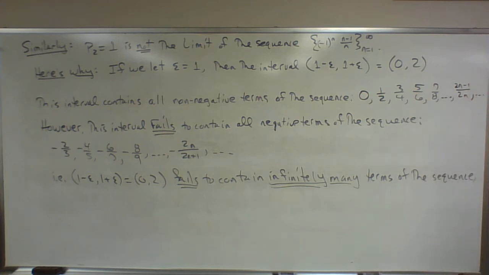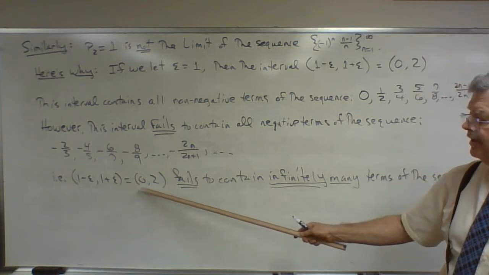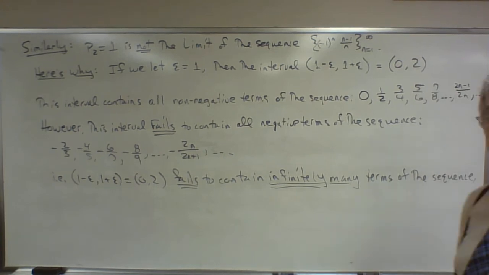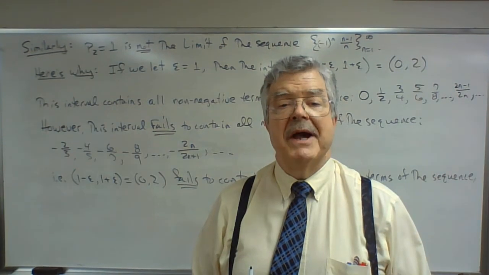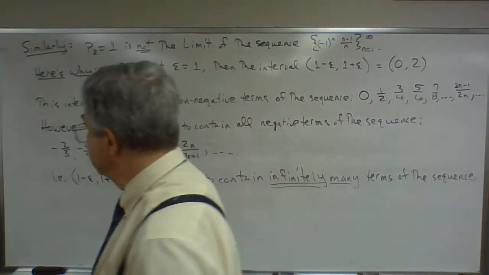This interval, 1 minus epsilon, 1 plus epsilon, 0 to 2, fails to contain infinitely many terms of the sequence, all of the negative terms. So we can't say that it contains, quote, all but finitely many, end quote, of the terms of the sequence.